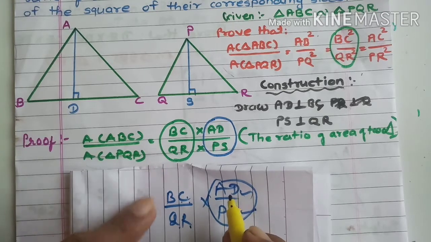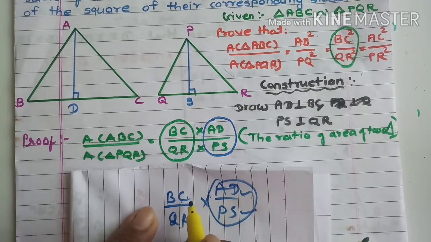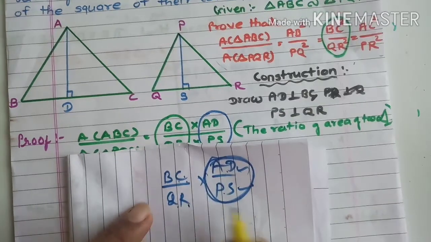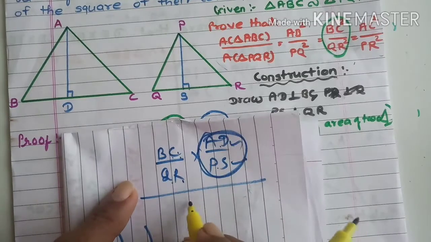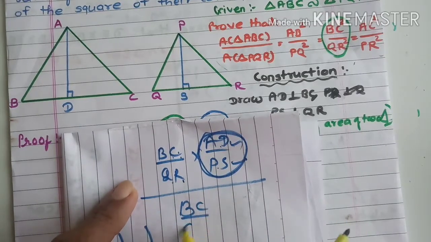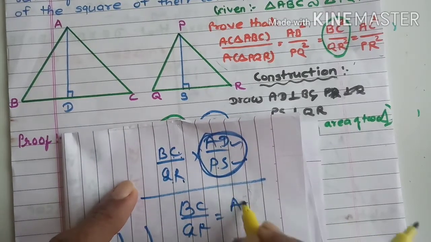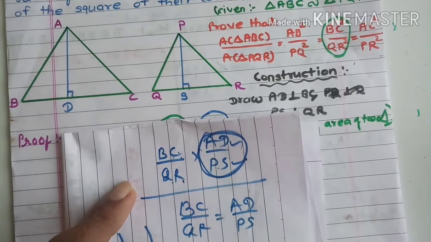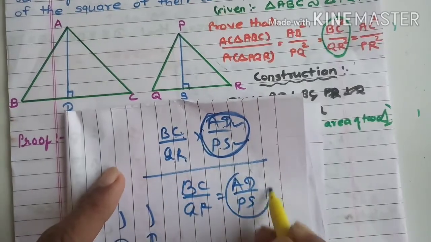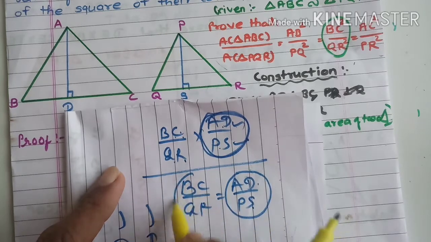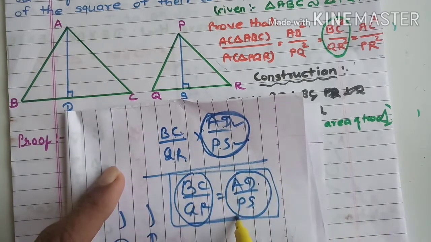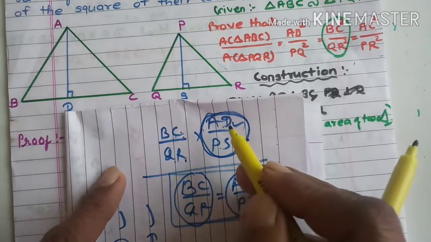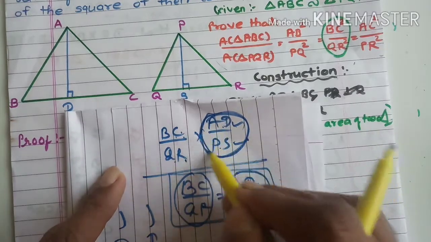Okay, so when I substitute BC upon QR instead of AD upon PS, if I prove AD upon PS is equal to BC upon QR, then only with the help of this can I substitute BC upon QR instead of this.